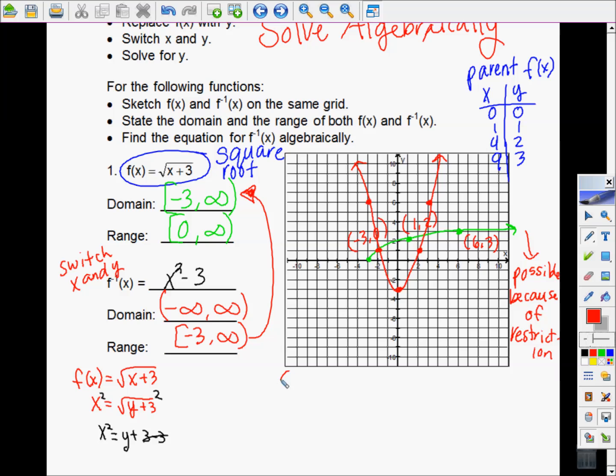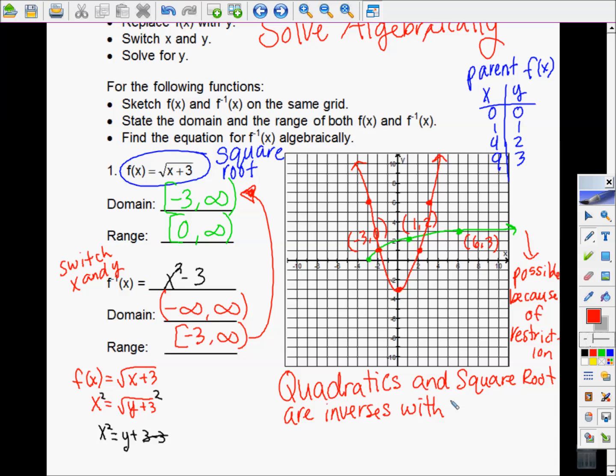So, quadratics and square root are inverses with restriction.